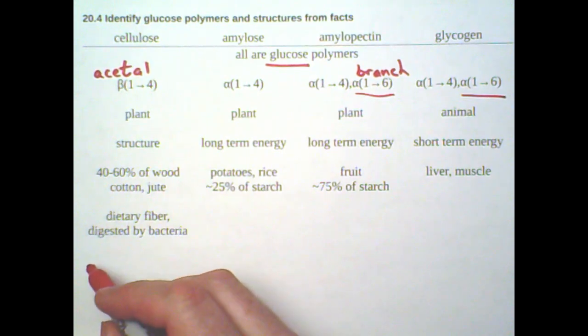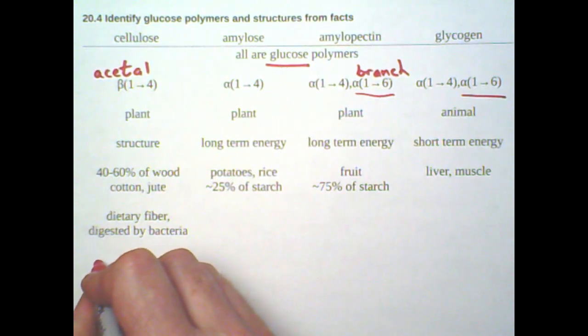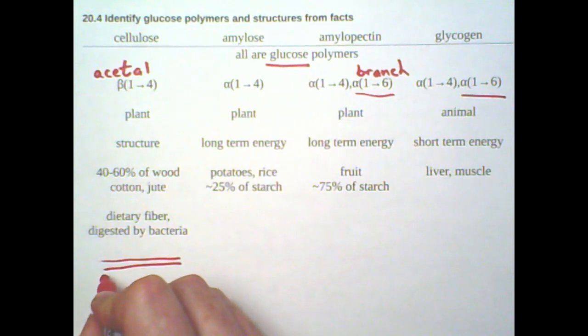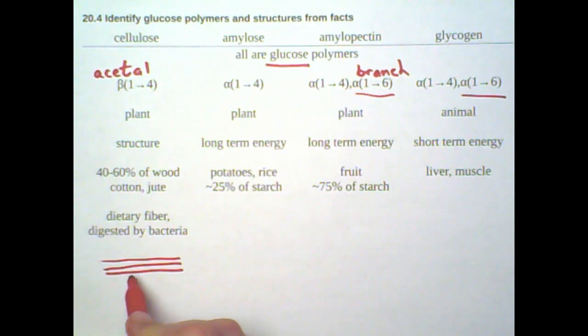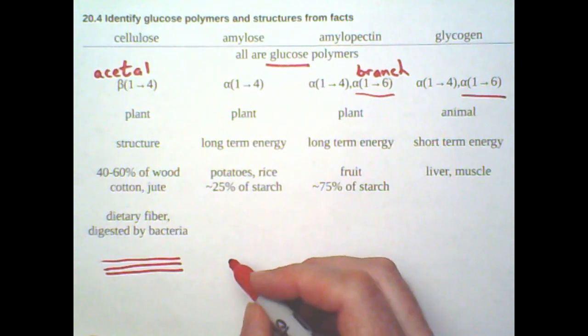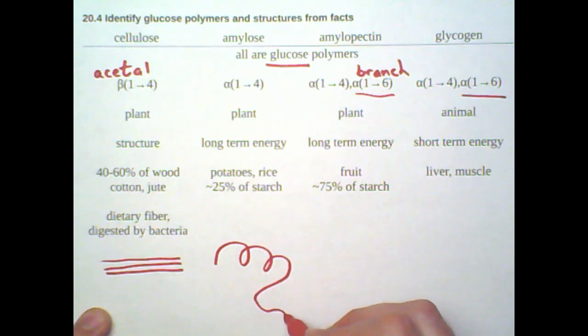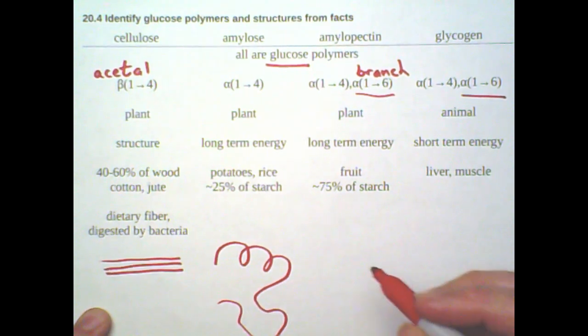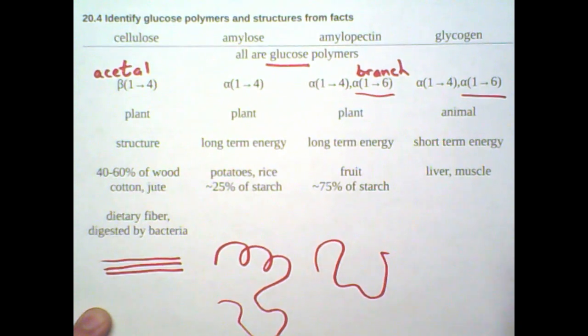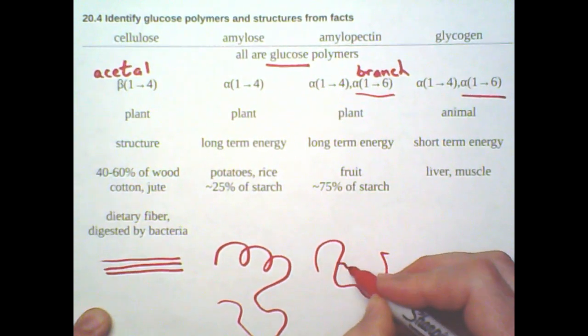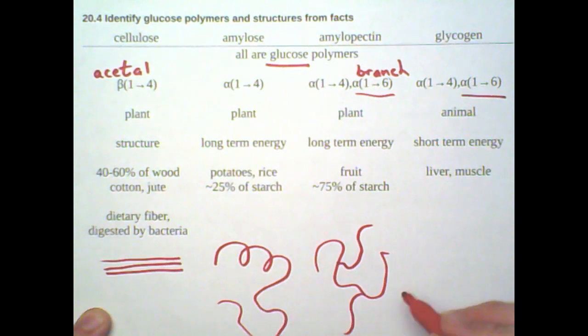And then what do they look like? Cellulose forms these long chains of sugars that form fibers. Amylose is more loopy, forms helices and odd loops. Amylopectin and glycogen both branch off.